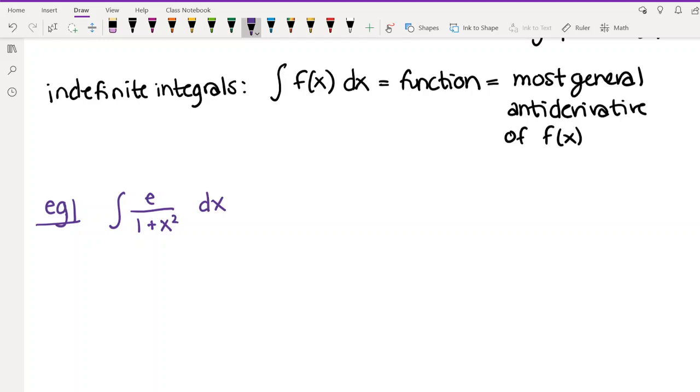So what's going on here? Well, you should recognize that 1 over 1 plus x squared is the derivative of inverse tangent, right? So the antiderivative of 1 over 1 plus x squared is inverse tangent. So what's going on with this e? Well, notice it's not e to the x. It's just literally the number e.